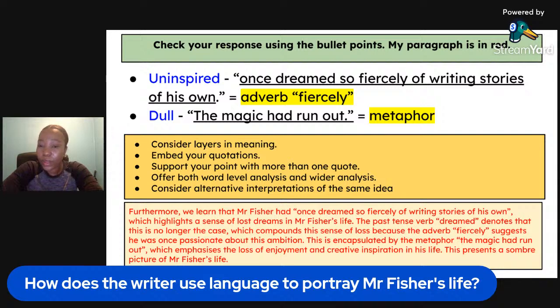Okay, so I'm just going to read here. So Mr. Fisher's life, it's shown to be dull. The fact that Mr. Fisher once dreamed so fiercely of writing of his story. However, this does not anymore.